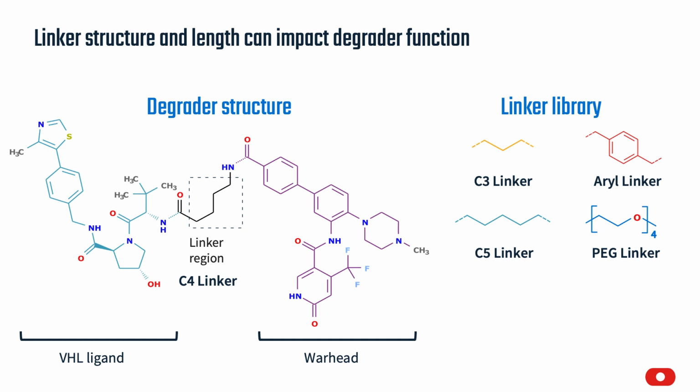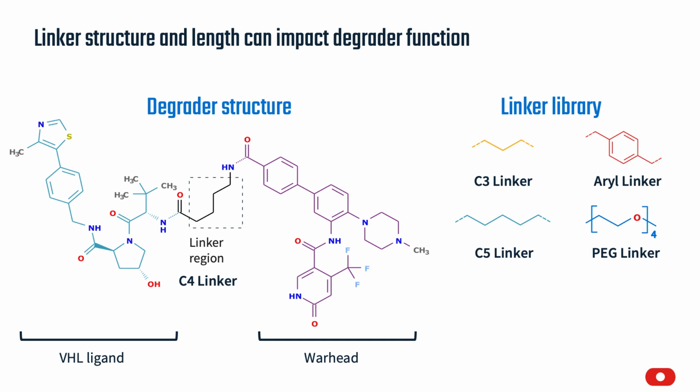One of the key takeaways from the SGC study was that the linker structure can impact the degrader function. So our collaborators sent us these 5 complexes after concluding that they were the top candidates for biological activity.